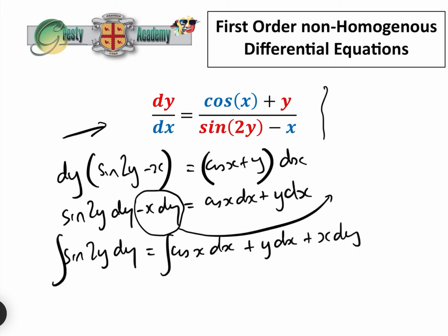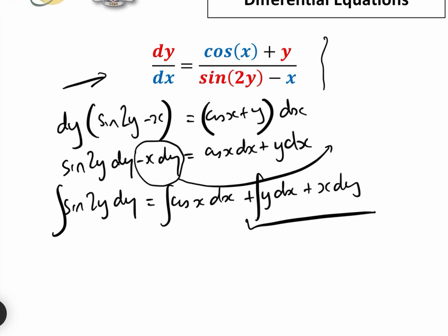Okay, and then I'm going to integrate the whole lot, and let's just have a look at this bit here. Well, the integral of y dx add x dy is equal to xy, and that basically is why this trick works.